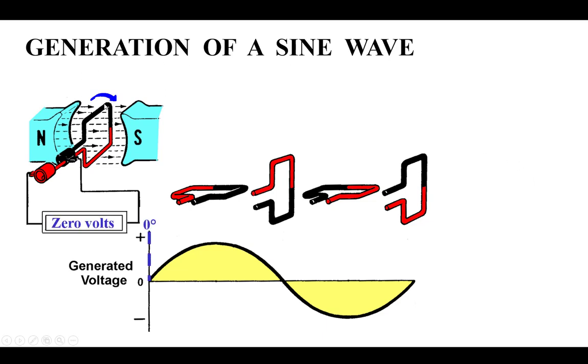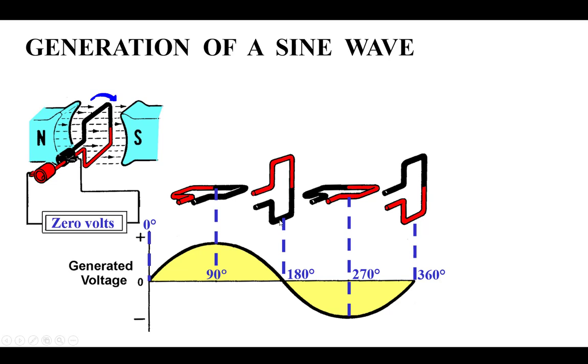When it's at the top at 0 degrees, it's not cutting any magnetic lines of flux because the winding is moving parallel to the lines of flux. It's going in the same direction, so there's no cutting. Without cutting, there's no induction and there's no current. However, when this is rotated to the 90-degree point, now I'm cutting those lines of flux perpendicular and I'm at my peak.